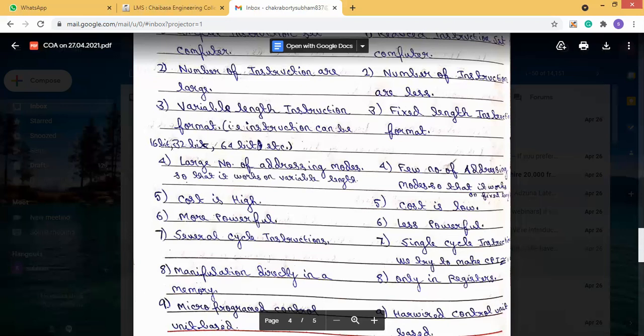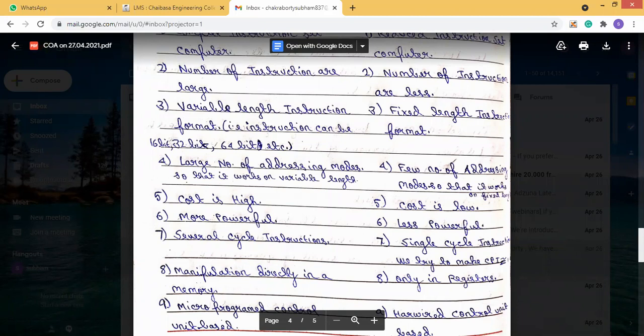So in RISC, single cycle instruction execution is required, which means our CPI must be 1.